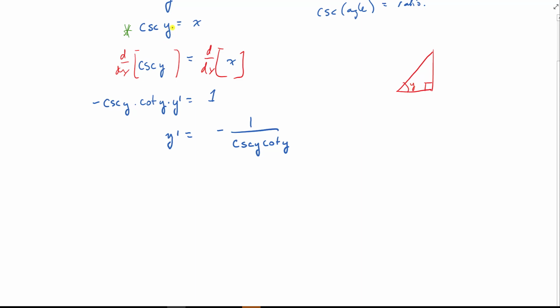And then let's see here, I'm having a hard time remembering the cosecant of y. Well, that's 1 over the sine of y. And remember that the sine is the what? It's the opposite over hypotenuse. And so we could say that the cosecant is the hypotenuse over the opposite.